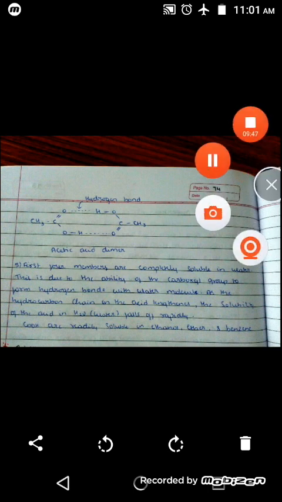As the hydrocarbon chain in the acid lengthens, the solubility of the acid in water falls off rapidly. Carboxylic acids are readily soluble in ethanol, ether and benzene.